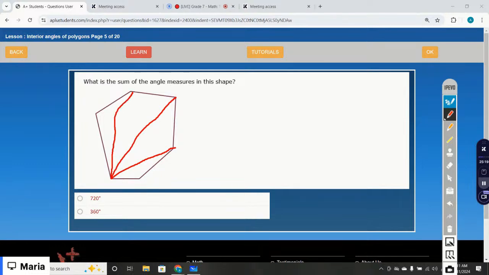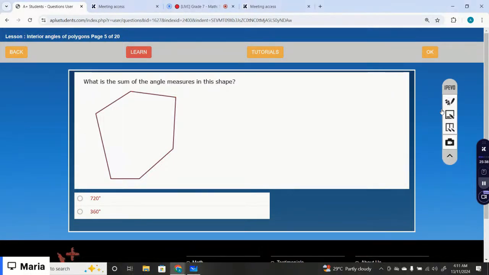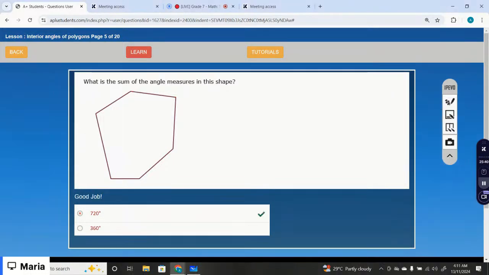Three triangles we can make, right? That is 180 degrees times 4. You can make four triangles, right? So 180 times 4 is 720 degrees. Option number 1 is the correct option. That is 720 degrees.